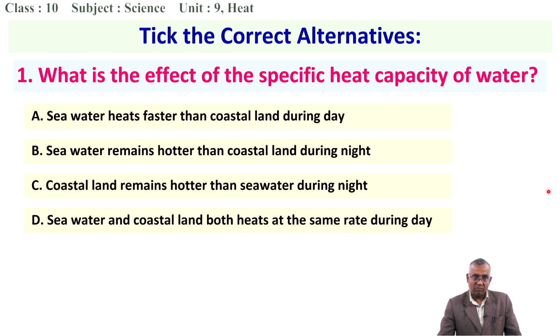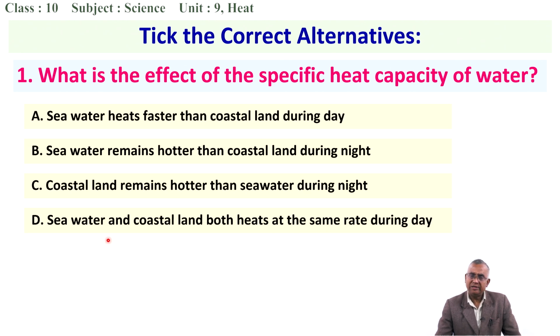The first question is, what is the effect of the specific heat capacity of water? Sea water heats faster than coastal land during day. Sea water remains hotter than coastal land during night. Coastal land remains hotter than sea water during night. Sea water and coastal land both heat at the same rate during day.